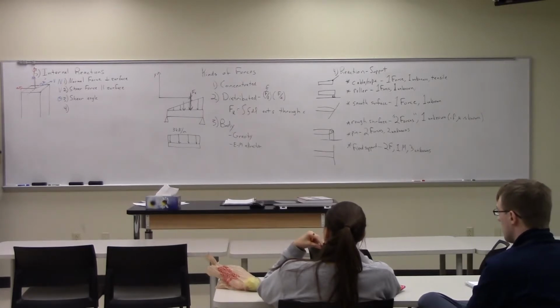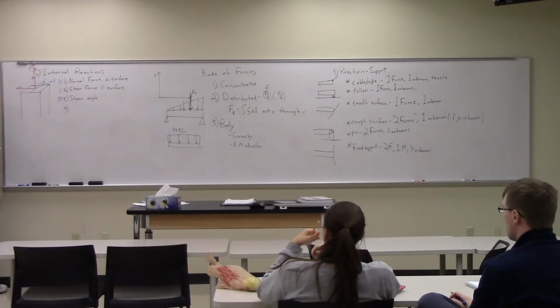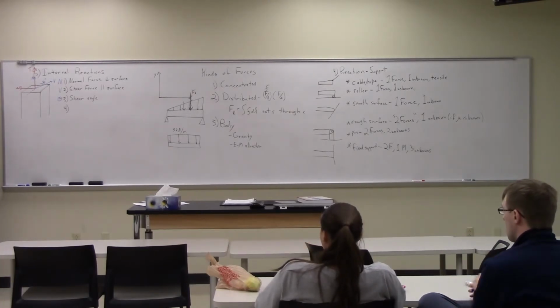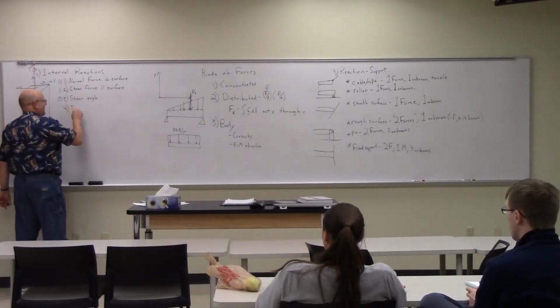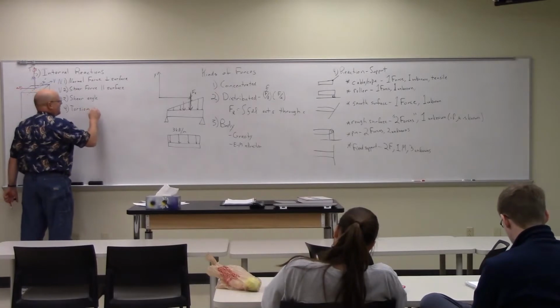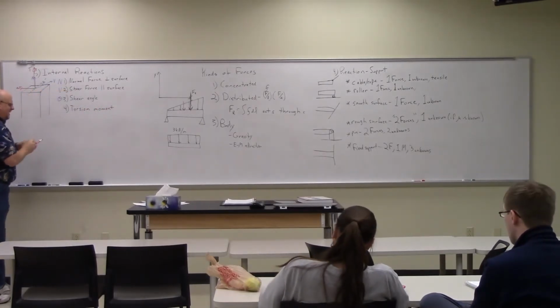I'm looking for a particular word. Let me give you a hint: we're going to label that one T. Twisting. Close. Torque rotation? Oh, you're even closer. Torsion? Torsion. There's a torsion moment, T.